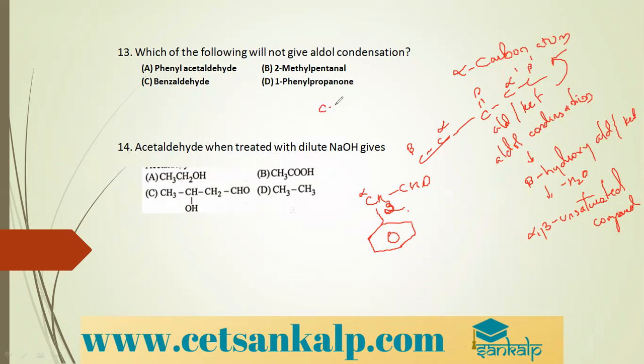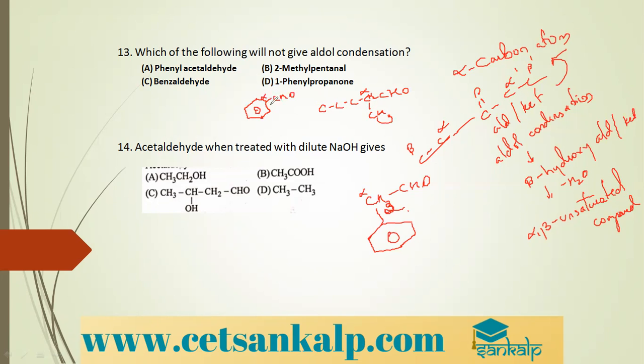2-methylpentanal: 1, 2, 3, 4, 5, CHO, 2-methyl, CH3. And how many hydrogens on the alpha carbon? One hydrogen. So it is having alpha hydrogen. Even if it is having alpha carbon, check whether it is having alpha hydrogen or not. The hydrogen is there, so it will also show it. Benzaldehyde, C6H5CHO.